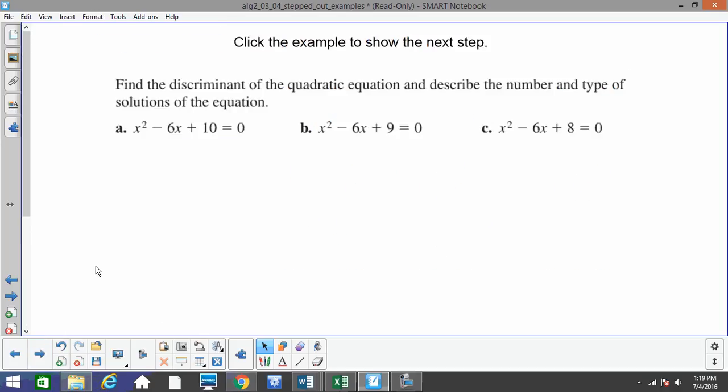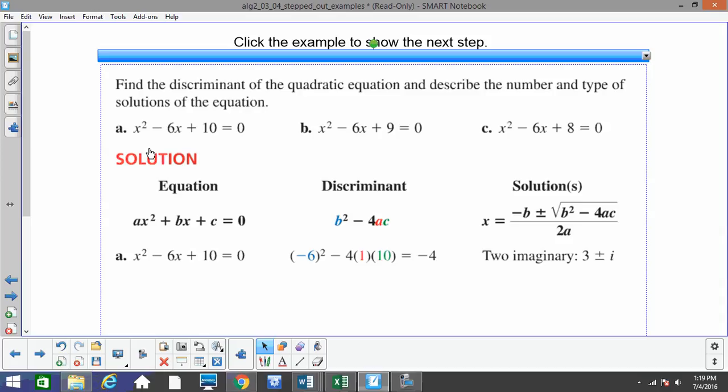So we want to find the discriminant here. For A, your equation, you figure out what your A, B, and C are. It's going to be 1 for A, -6 for B, 10 for C. Your discriminant is -4. So that's going to give you 2 imaginary solutions because your discriminant is negative.